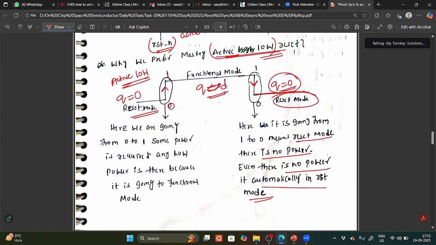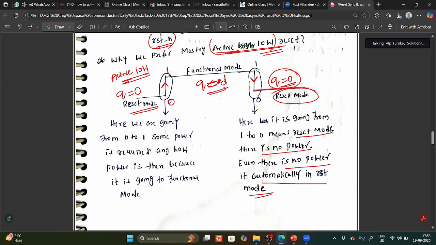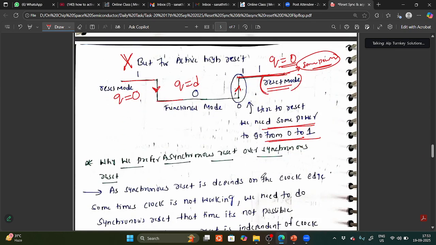Active low reset. Why? Because even when there is no power, in the absence of power, what happens? It will be in reset mode. So in active high reset, we need to apply additional power to make it go into reset mode. That is not feasible.